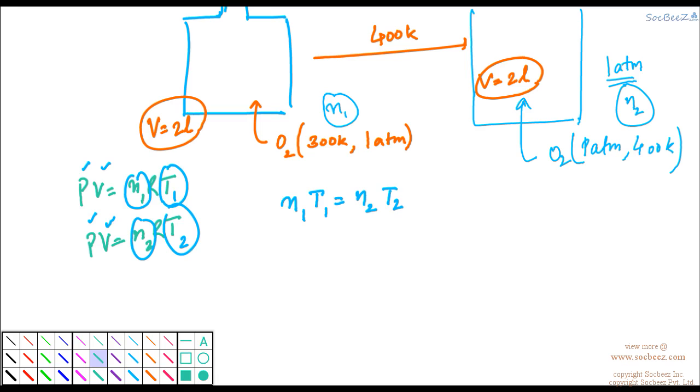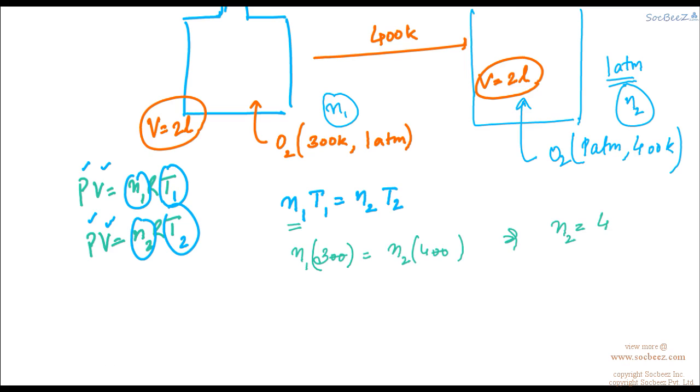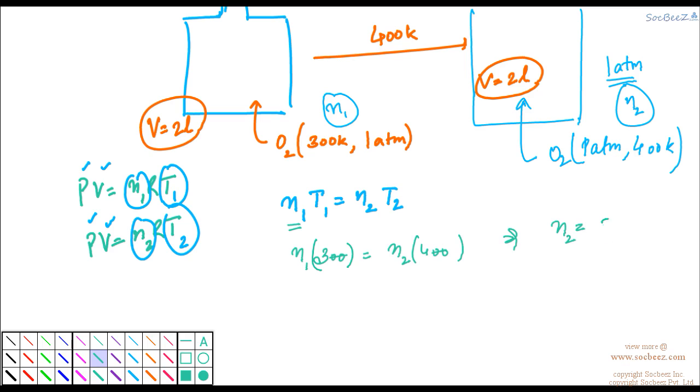So the moles in the starting, N1 into temperature in the starting, 300 Kelvin, is equal to N2 into 400 Kelvin, right? So the 100s cancel out, which gives us N2 is equal to nothing but 3 by 4 N1, right?